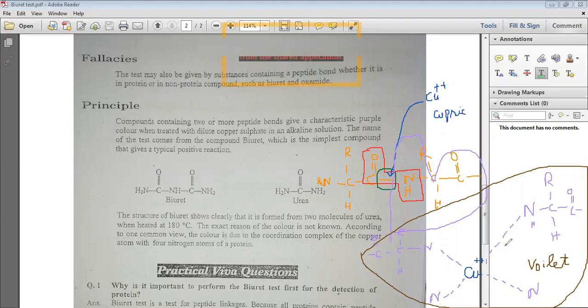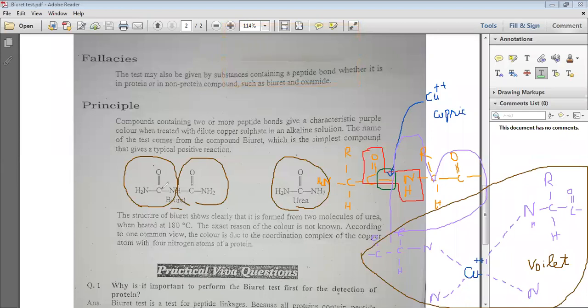That's why urea, when combined with another urea molecule, there will be two urea molecules, one urea molecule here and one here. That's why it is called biuret. And this biuret has the peptide bond. The peptide bond is here.